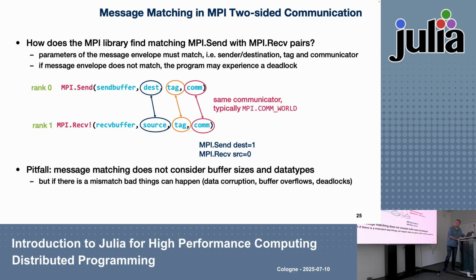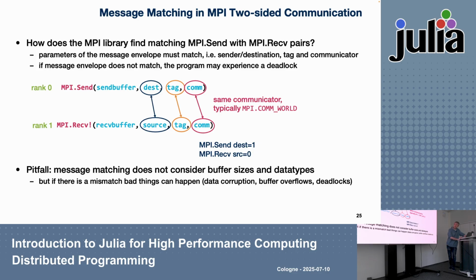Let's say we are sending an integer, but we expect a float. Then MPI doesn't care about it. It will just put the bytes into our destination buffer, and then we interpret the bytes as a float, but then it will be a wrong number because we sent an integer, and the format is different.